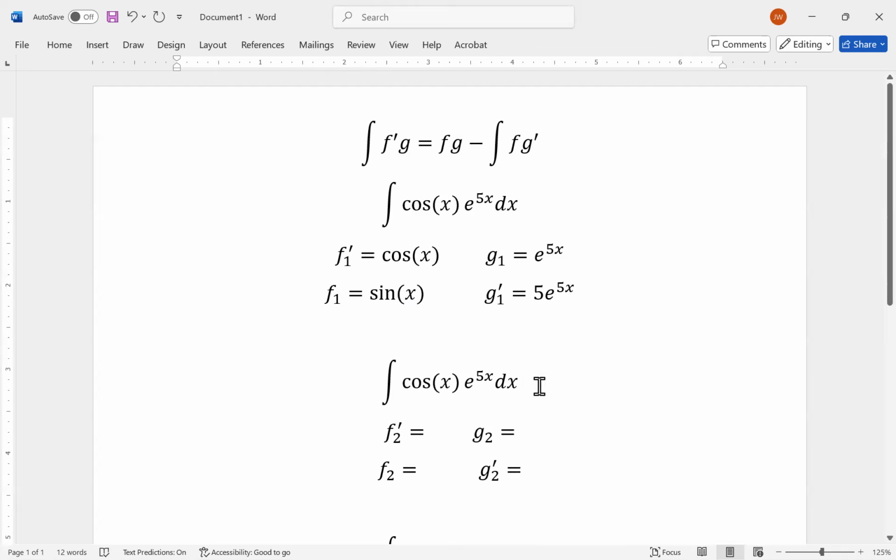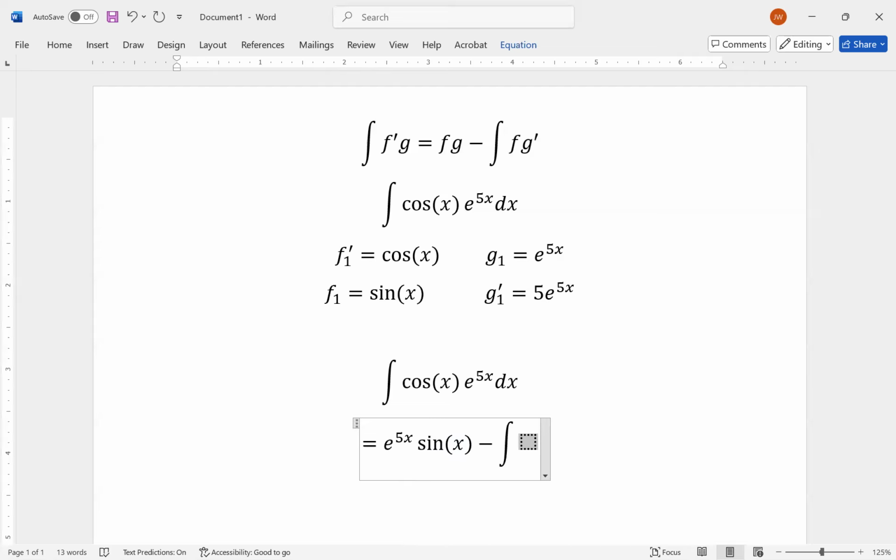So when we set this up, this integration becomes f times g, that's e to the 5x multiplied times sine of x, minus the integration of f times g prime, so that's 5e to the 5x multiplied times sine of x, and we're integrating that with respect to x.